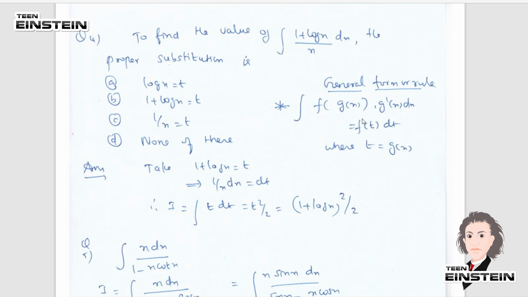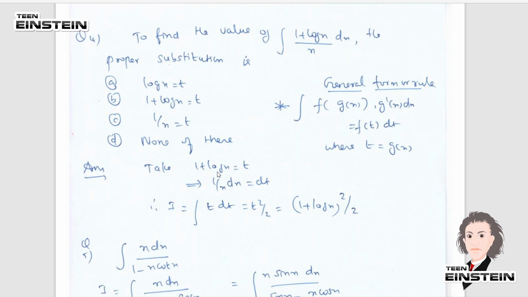Here the differentiation of log x is 1 by x, which is present in the integrand. 1 over x is given here. So what substitution can I use here? t is equal to g of x. What is g of x? The logarithmic function. So I can take 1 plus log x is equal to t.